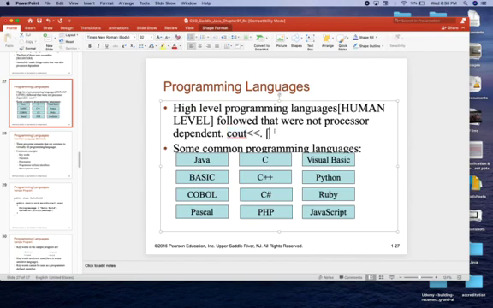If they were in the machine language form, then we would expect some sequences of zeros and ones. Then we will say that is typically machine language. So at the high level programming language, we only have that which is in human readable form.